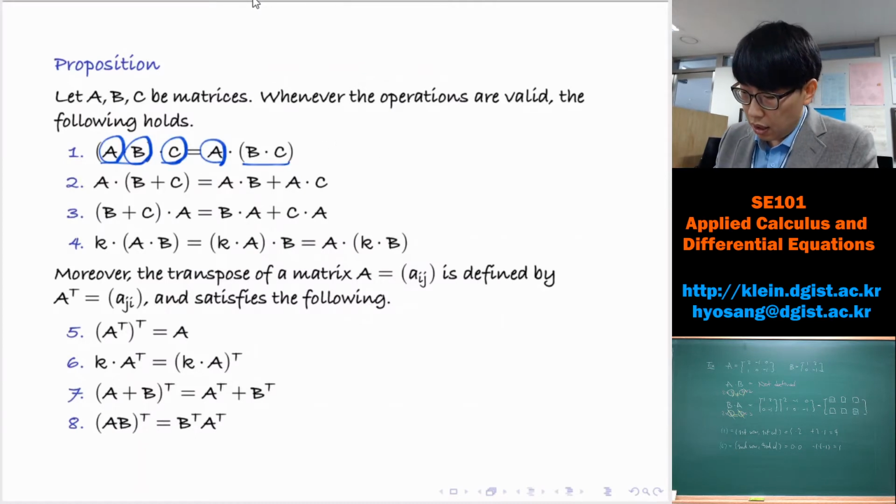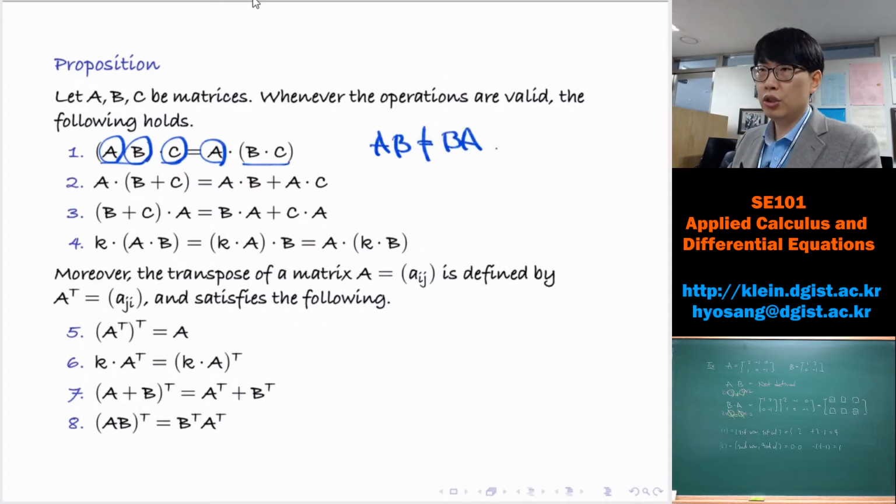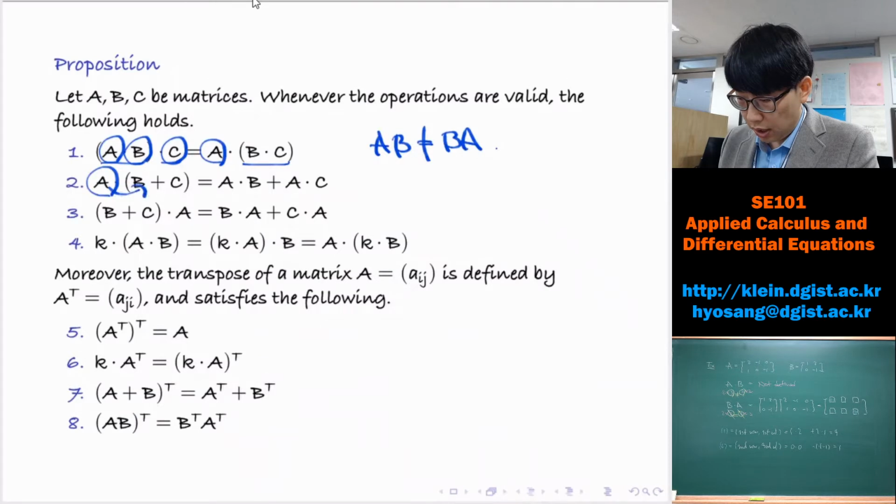However, remember that matrix multiplication is not commutative. You cannot change the order of the matrices. You can change the order of concatenation, but you cannot change the order of multiplication itself. Okay. And then the second one is that you can distribute the multiplication inside of this addition.